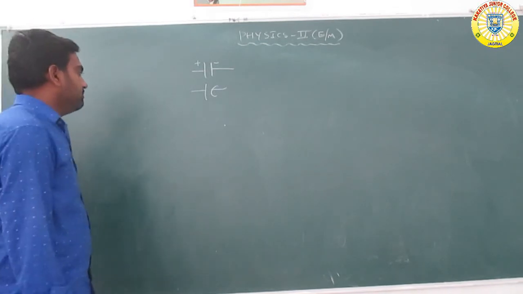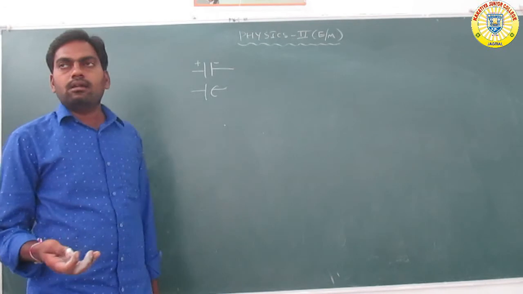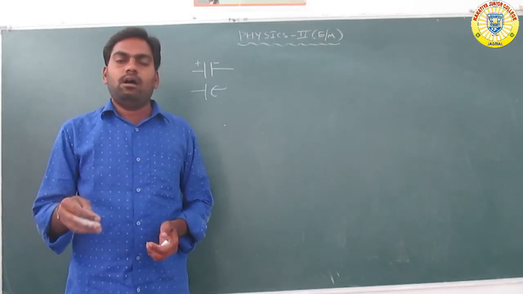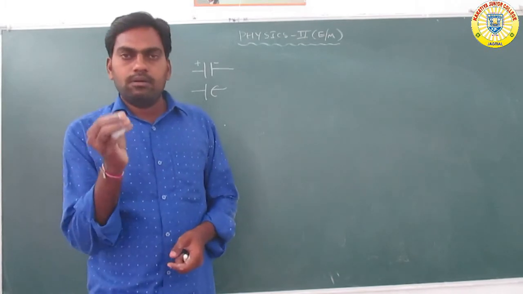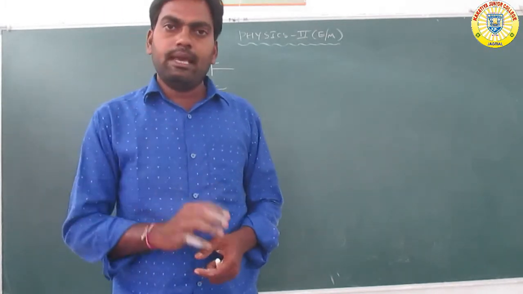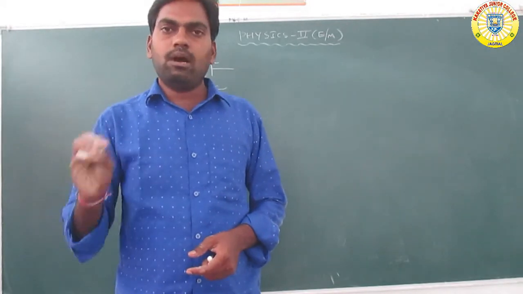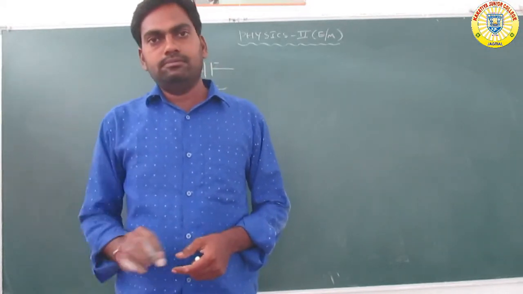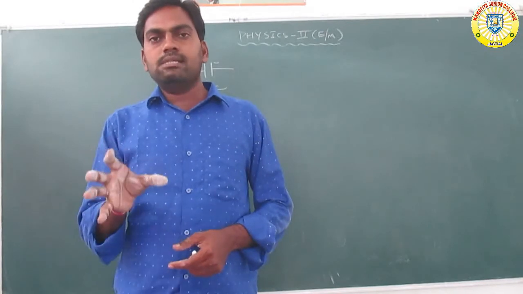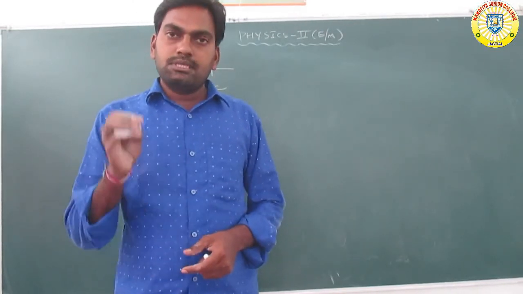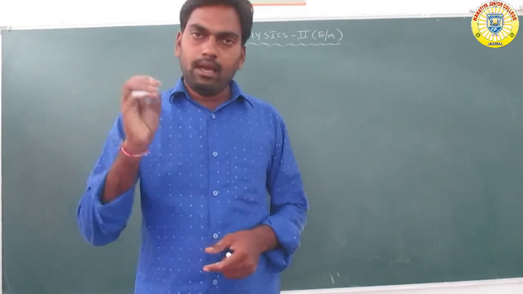For example, take a beaker or a glass. Some water will be stored in the beaker, that means the liquid is held in the beaker. That is the capacity of the beaker. The same phenomenon is involved in electricity.